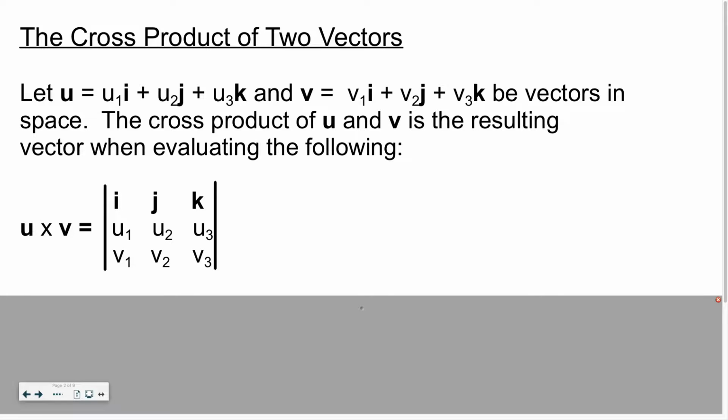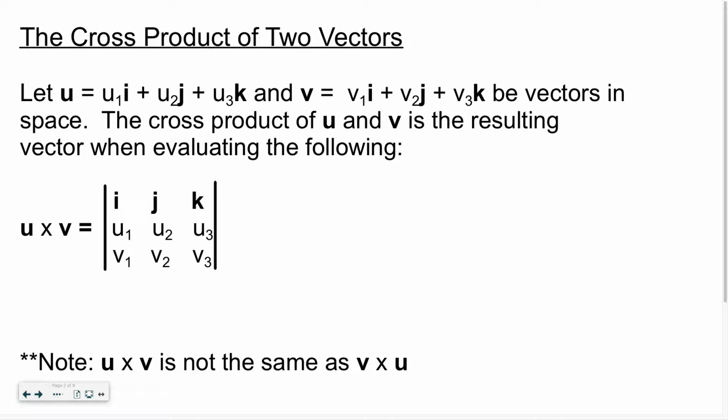Okay? We will talk about the relationship, but u cross v is not the same as v cross u. It does matter where you put the vectors. Whichever one comes first goes in the second row, whichever one comes second goes in the third row. When we do an example, we will talk about how u cross v and v cross u are different.